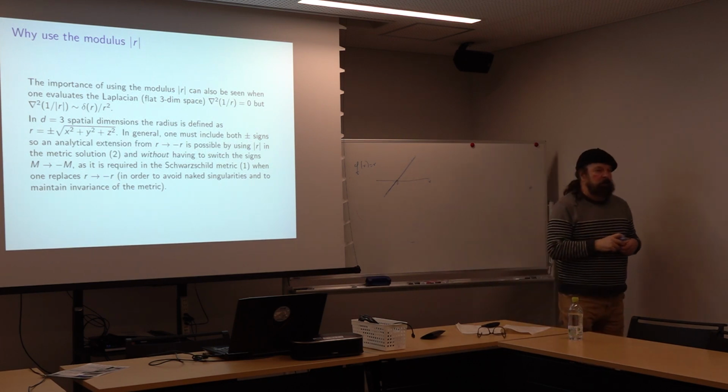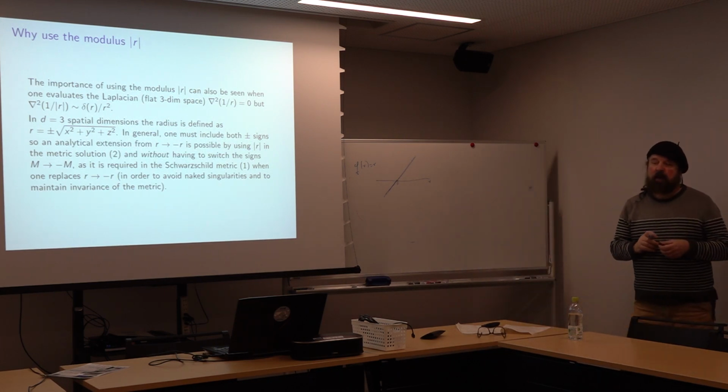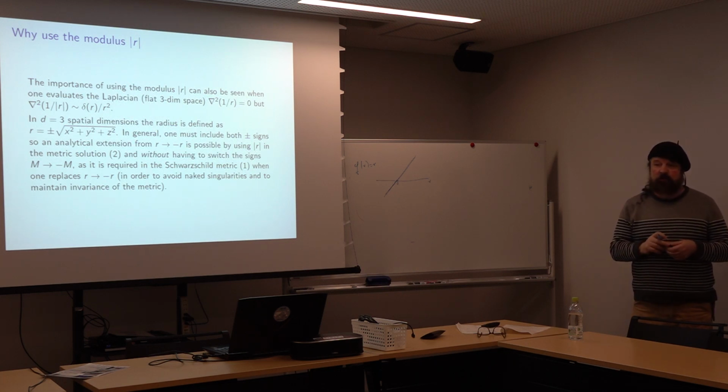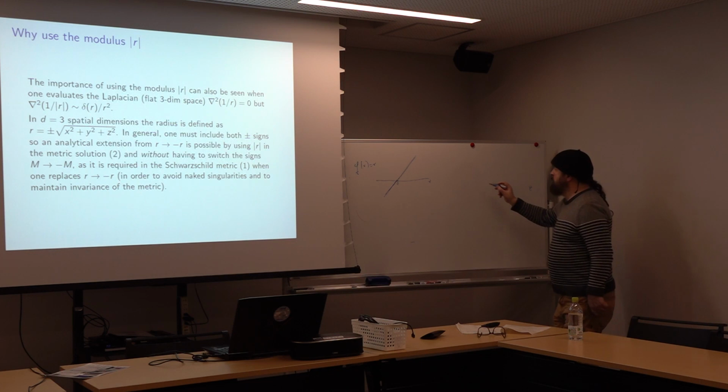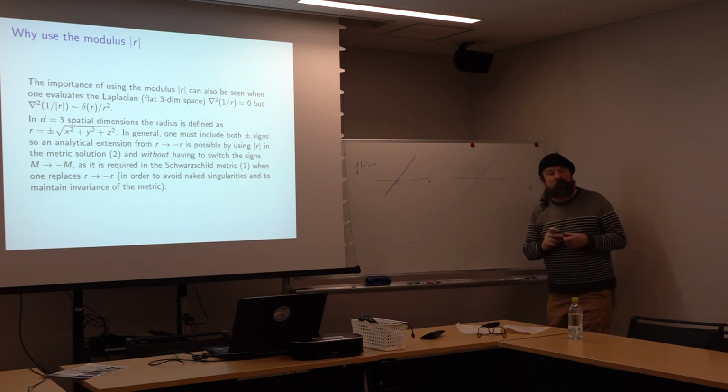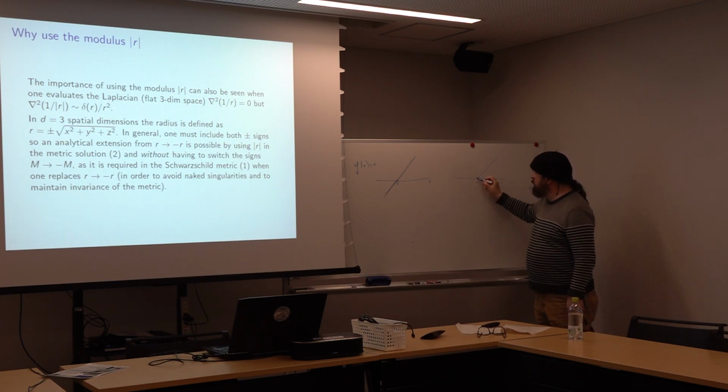Now, if you want to plot f equals the magnitude of r, the absolute value of r, what you're going to get is something that looks like this. In the positive region, you have something like this, but in the negative region, when you take the absolute value, you have something that looks like this. So this is the plot of the absolute value function.